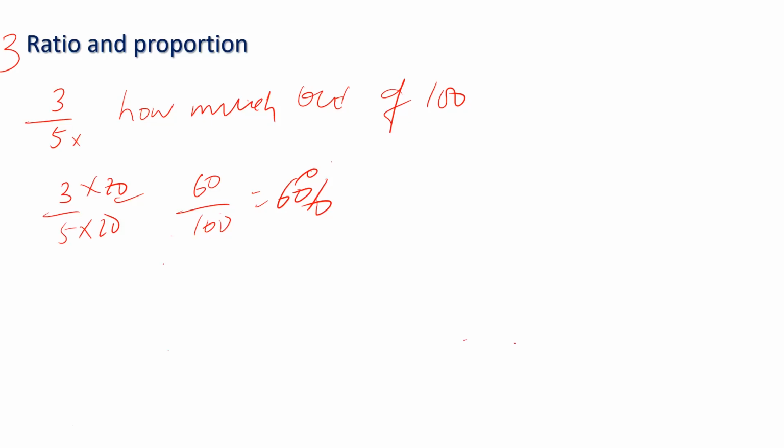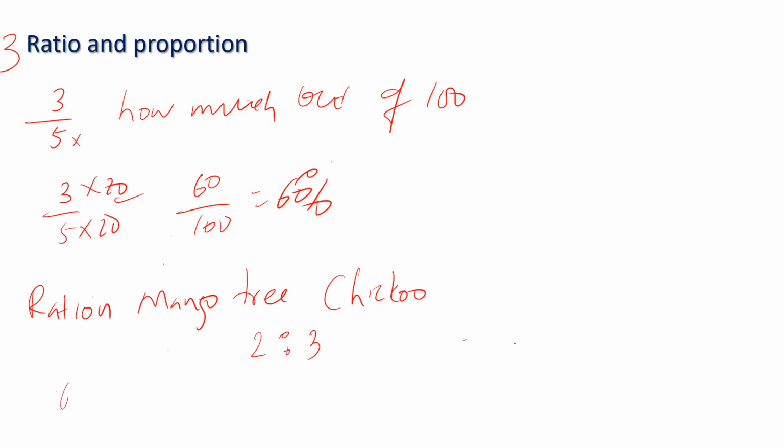Now, something a little more complicated. The ratio of mango trees and chiku trees is given. What is the ratio given? The ratio is given as 2 is to 3. फिर बोलता है, if you add 5 more trees to each. 2 is to 3 का मतलब it will be a multiple of 2k is to 3k. हमको नहीं मालूम कितना, 2000 है क्या 3000.